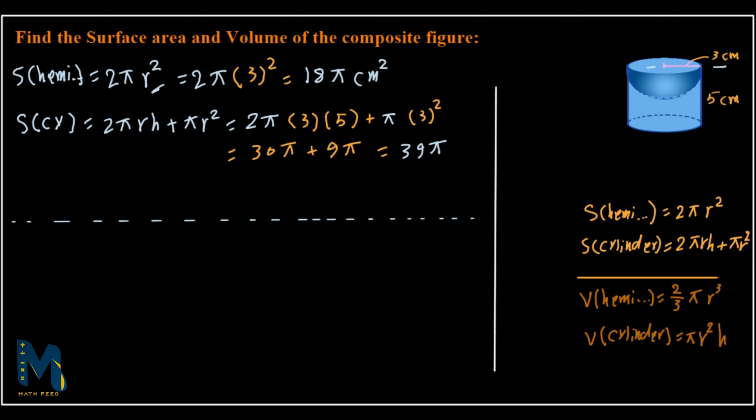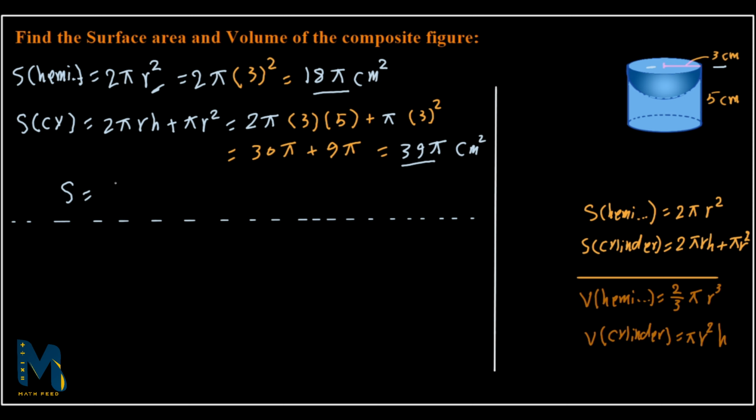But the question says find the surface area of the composite figure. So we have to add the surface areas together. So S equals the surface area of a hemisphere plus the surface area of a cylinder. This is centimeter to the power 2.